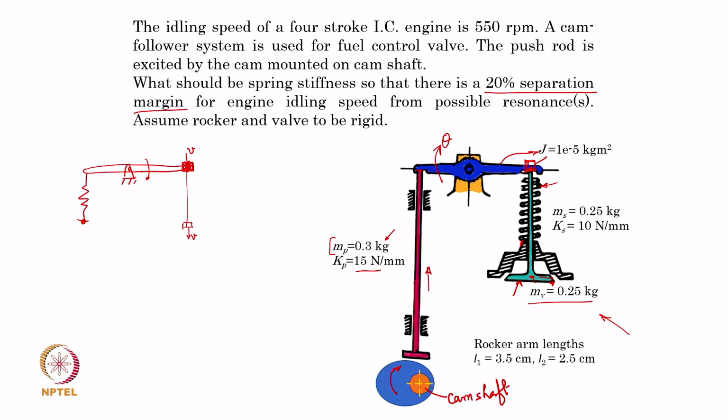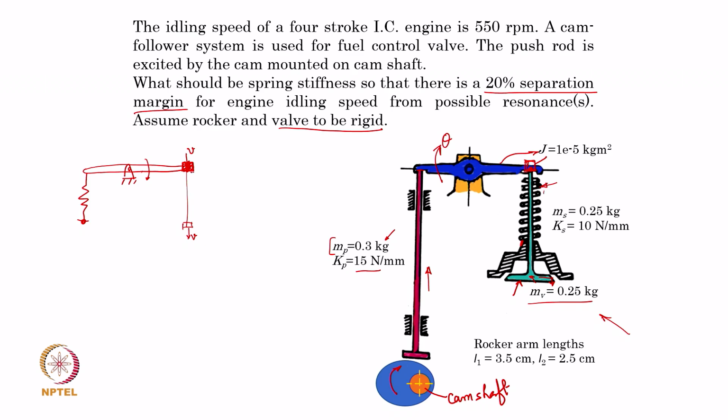Now, if it deflects, then it is not the case, but we have been given that the valve is rigid, in the sense that there is no flexibility in the valve. All the flexibility that you have is in the spring here.